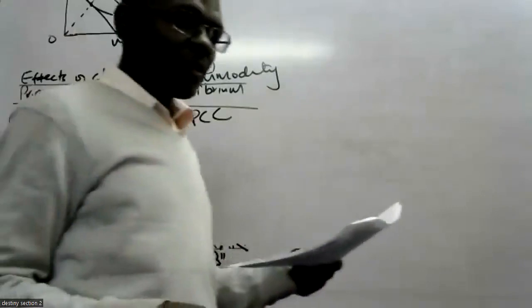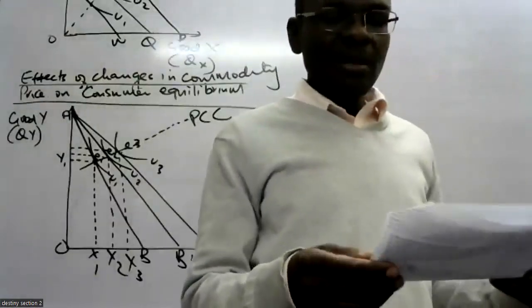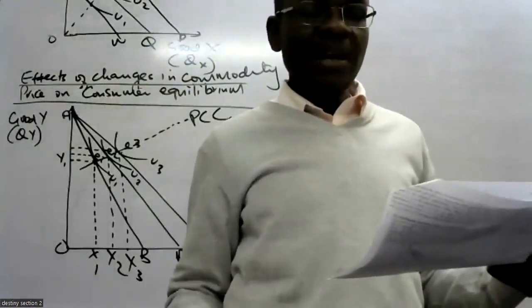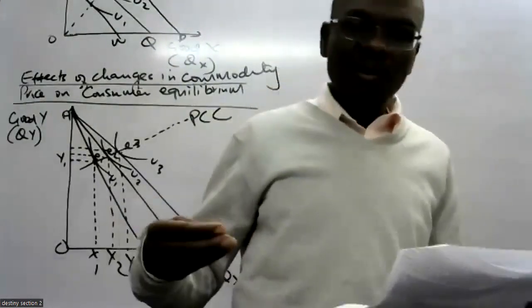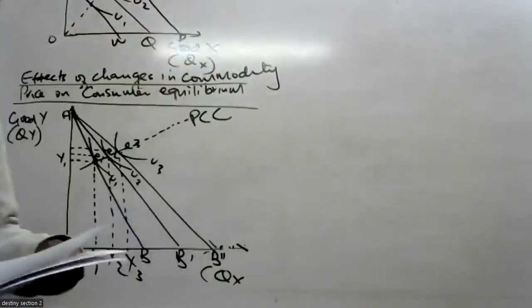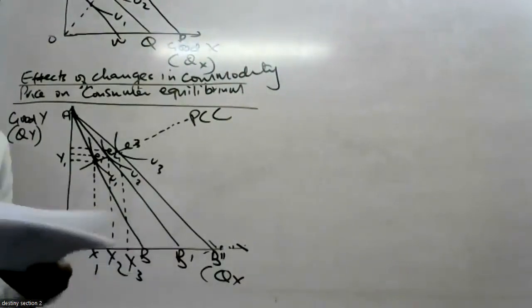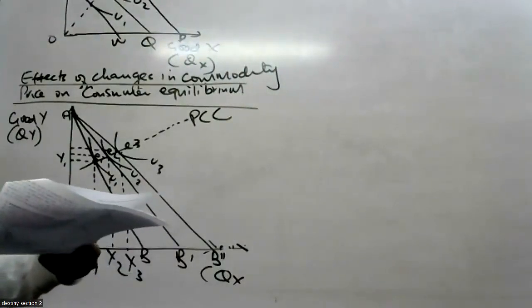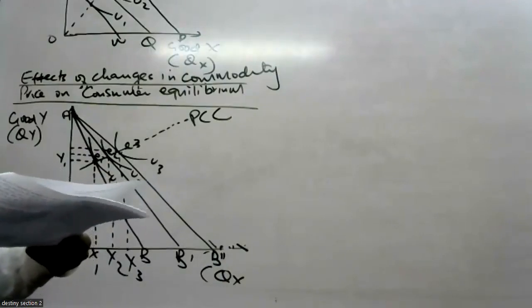The budget line of the consumer pivots to the right from the initial position AB to the new position AB prime. This is due to an increase in purchasing power. The consumer is able to save in real terms and use his savings to buy more of commodity X whose price is falling. So the consumer is now in a position to buy more of the commodity given the money income.